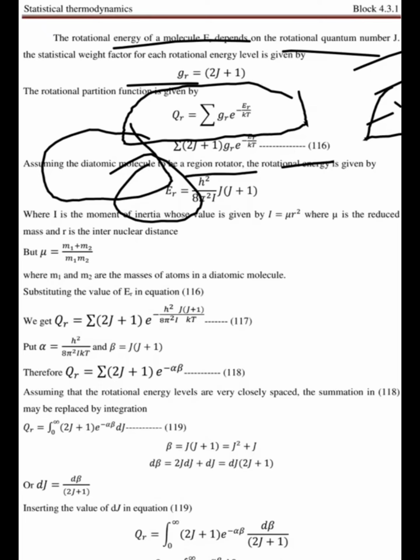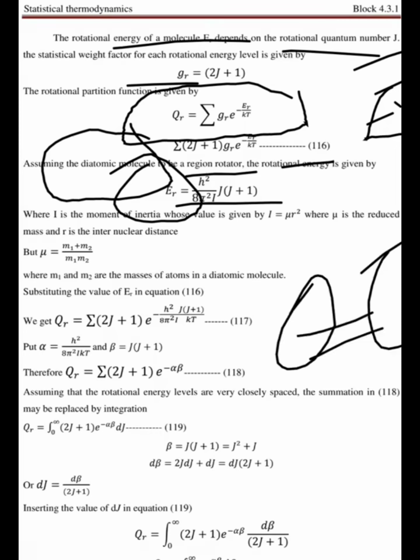It can be written as ER is equal to h square by 8 pi square I into J into (J plus 1), where I is the moment of inertia, mu is the reduced mass, and small r is the internal nuclear distance, the distance between the two nuclei.